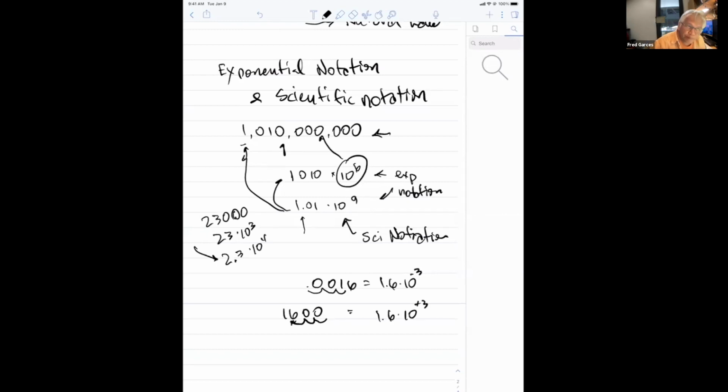Now, when you type this into your computer, you can't do a superscript, which is what this is, or a subscript. It's very difficult to type that in. So the way we do it in science is we write this number right here as 1.6 e to the 3rd. Okay, the e here, make sure you practice this, stands for times 10.